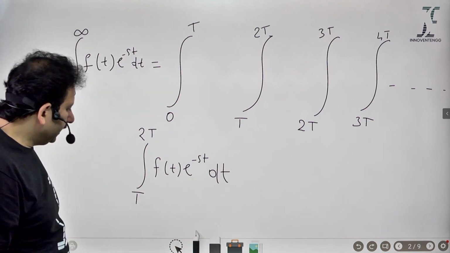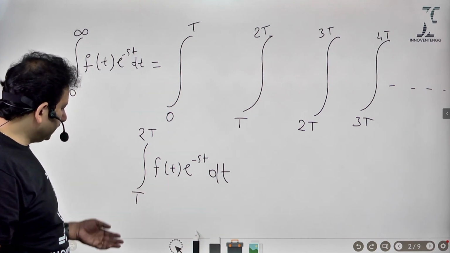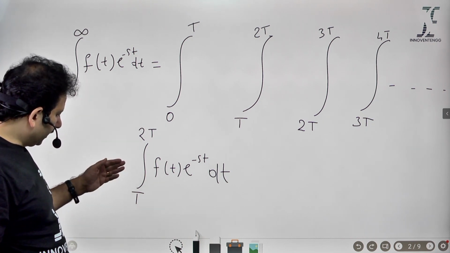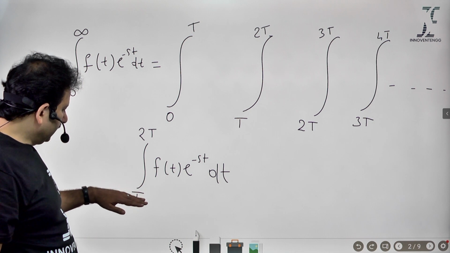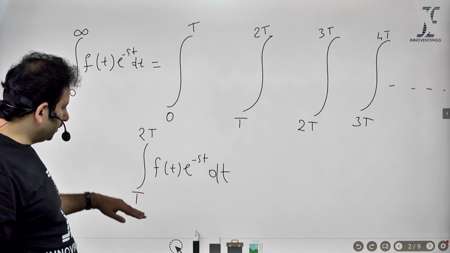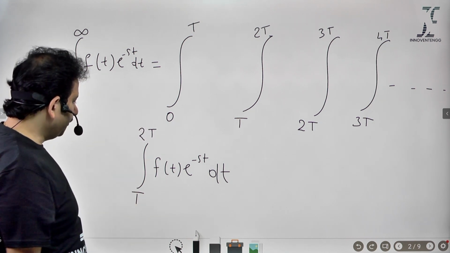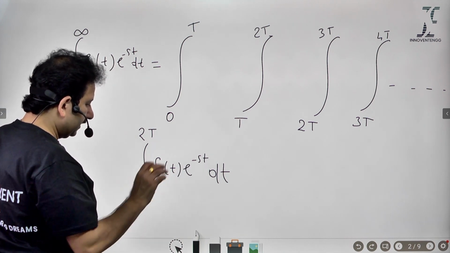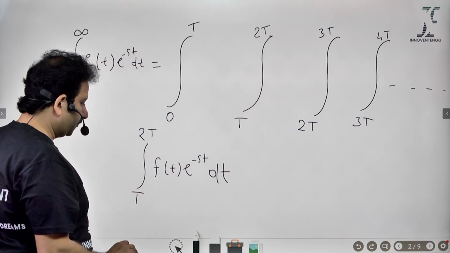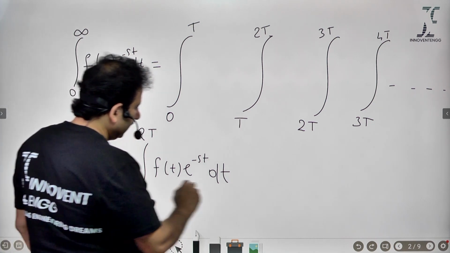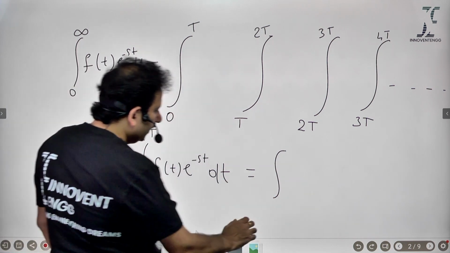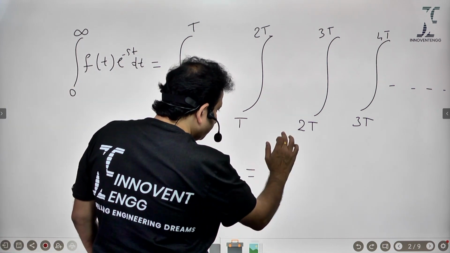This integrand is being integrated from T to 2T, and I would like to shift the time so that you are going to integrate from 0 to T. How do you actually do that? Subsequently I'll give you a graphical visualization of what is going on, but now let's see how exactly it can be done. If I'm shifting it back, then I'm going to integrate from 0 to T.